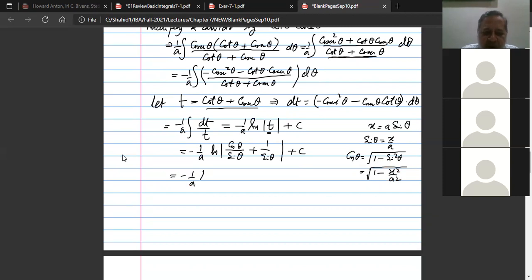Minus 1/a ln of, दोनों के नीचे sin theta है. Sin theta is x/a. Cos theta की जगह square root of 1 minus x square upon a square plus 1, plus c.